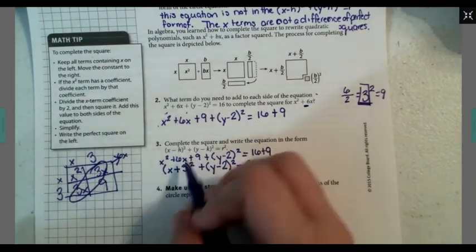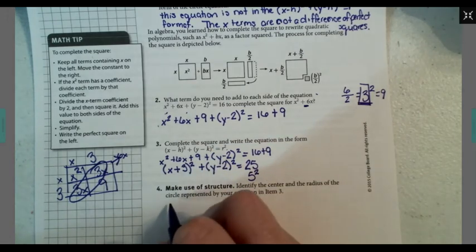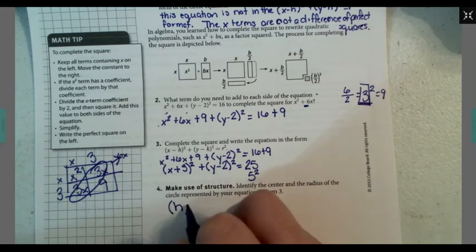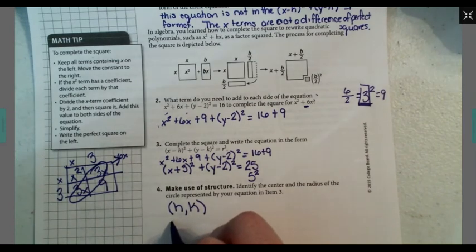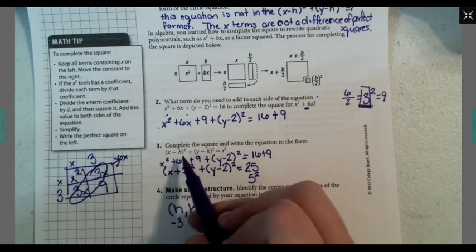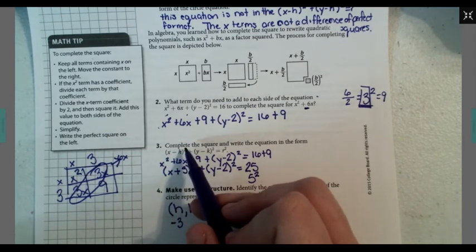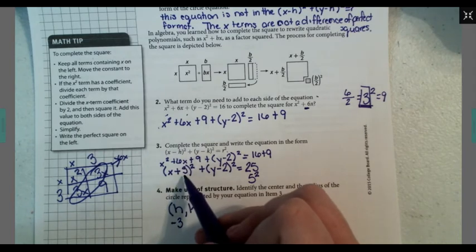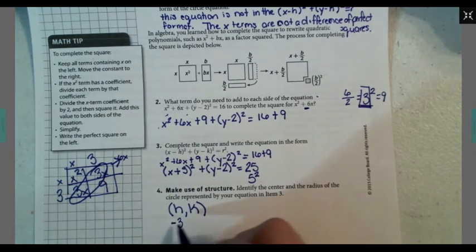Which is important because we want to identify our center, which is identified by h, k. Well, my h is -3, because remember, the equation calls for x minus h, and since it's positive, it's actually minus a -3.